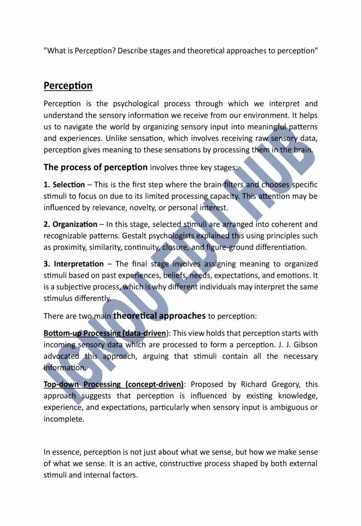The second one is top-down process. The top-down process was proposed by Richard Gregory. This approach suggests that perception is influenced by existing knowledge, experience, and expectations, particularly when sensory input is ambiguous or incomplete.